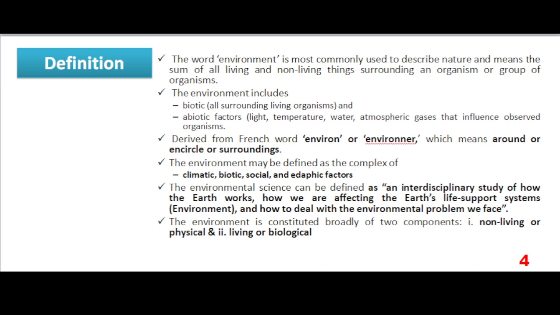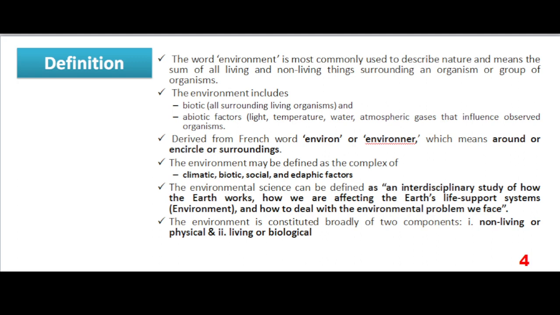So, definitions of environment. The word environment is most commonly used to describe nature and means the sum of all living and non-living things surrounding an organism or group of organisms.